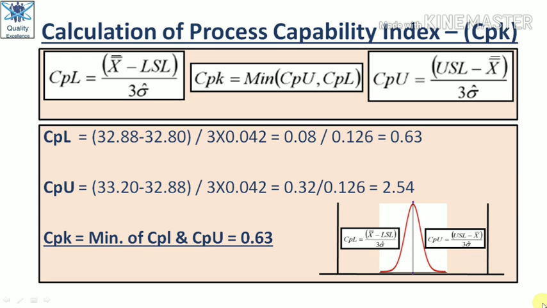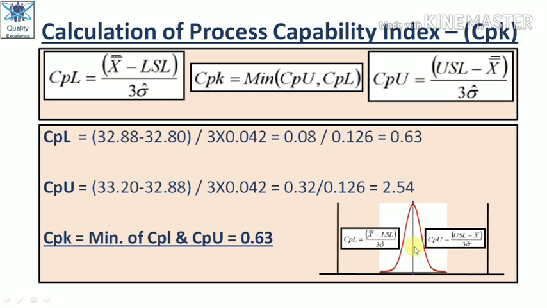Now let us understand how to calculate the process capability index, which is CPK. Before that, let us go through this sketch. For an ideal situation, your CPK will be maximum if your process mean is lying on the target line.